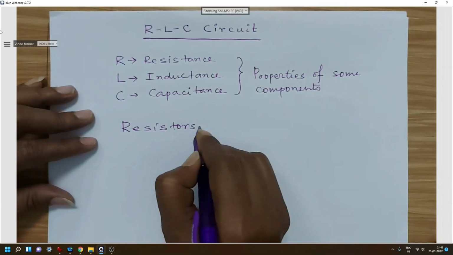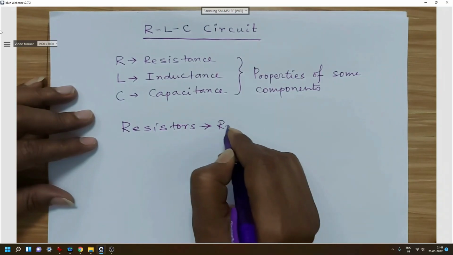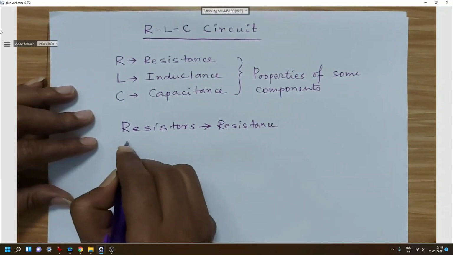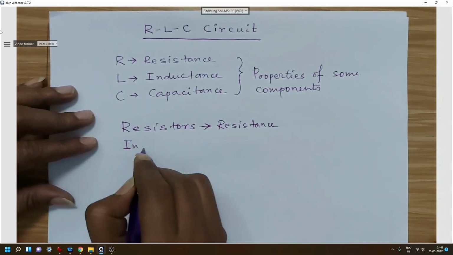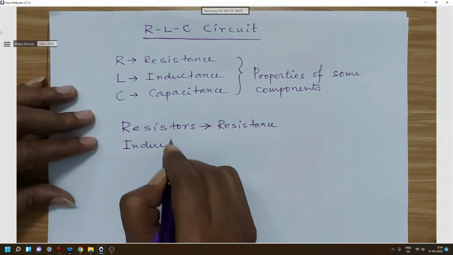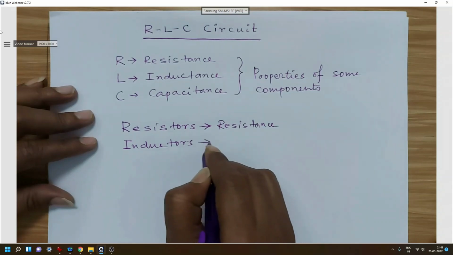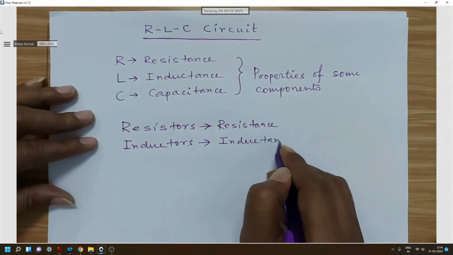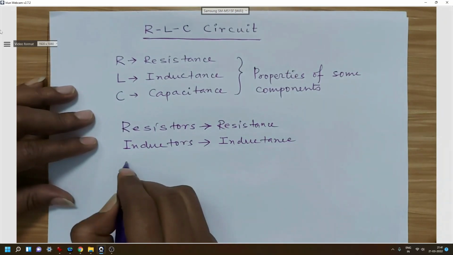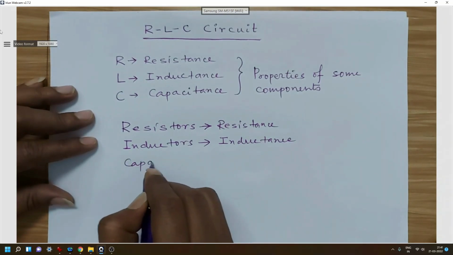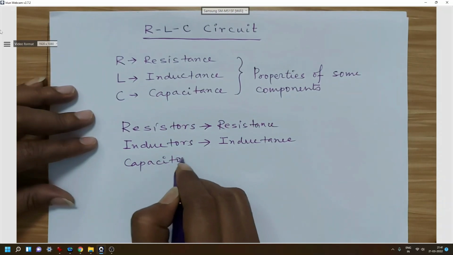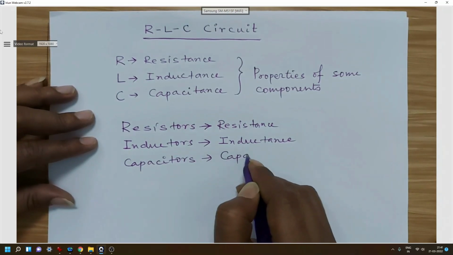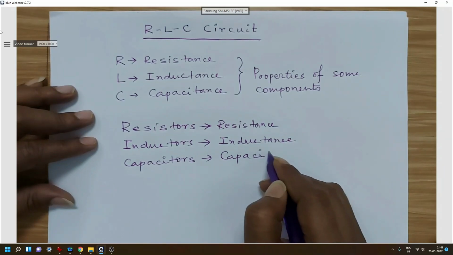So resistors will develop some resistance. Inductors will develop some inductance, and capacitors will develop the capacitance as their properties.